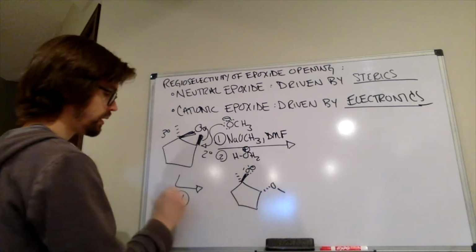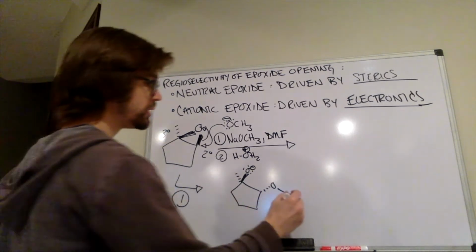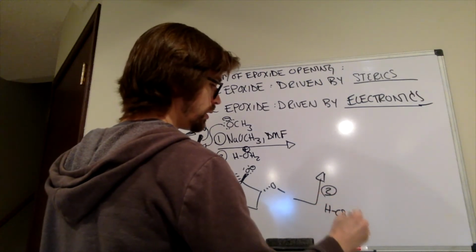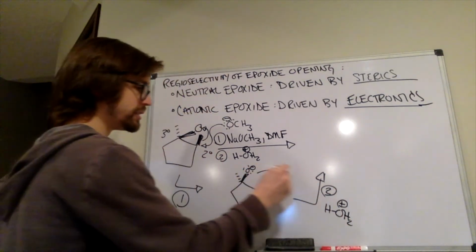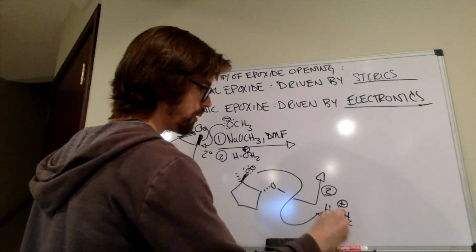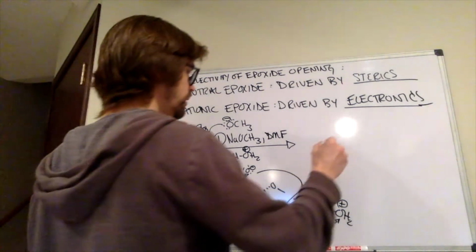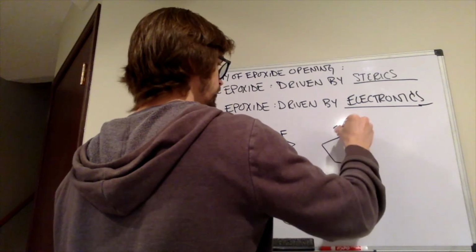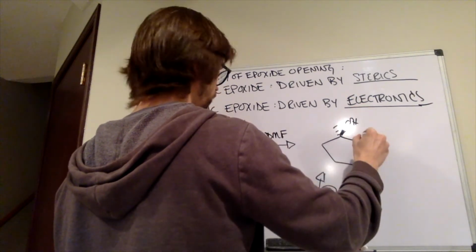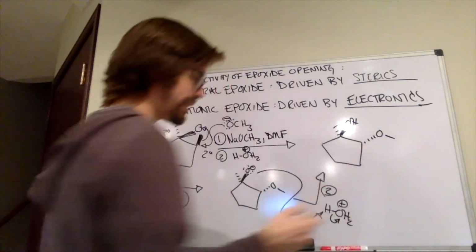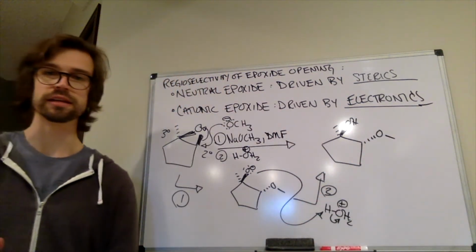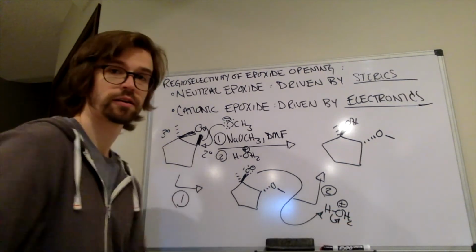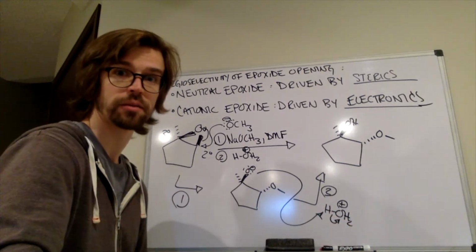We then are going to add the second reagent, a weak acid, and that's just going to promote that acid-base transfer to make the alcohol product. So that's going to be the product under these strong nucleophile conditions. What about the next predicted product?